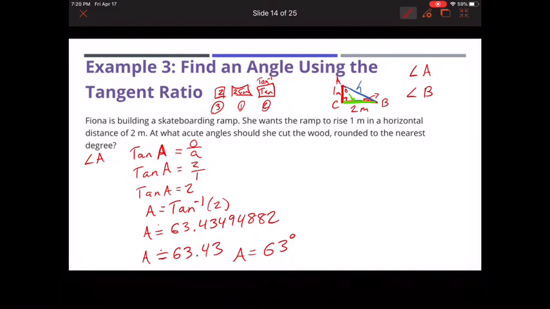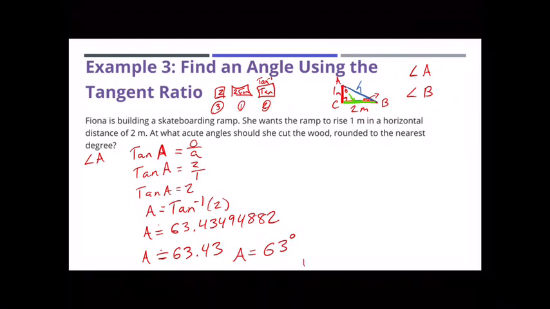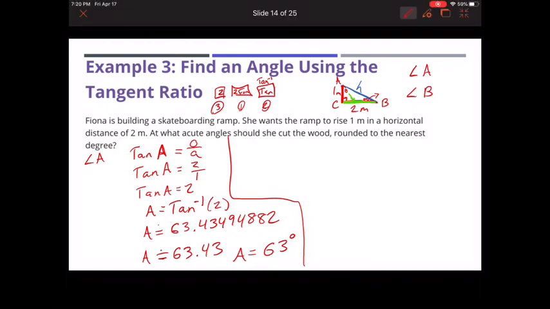Now there's 2 ways to find angle B. Angle B we could do exactly the same as we just did. Let's switch colors. We could say that the tan of B equals opposite over adjacent, which is now 1 over 2, because now we're going from this direction. And so our opposite is now the 1, our adjacent is now the 2.